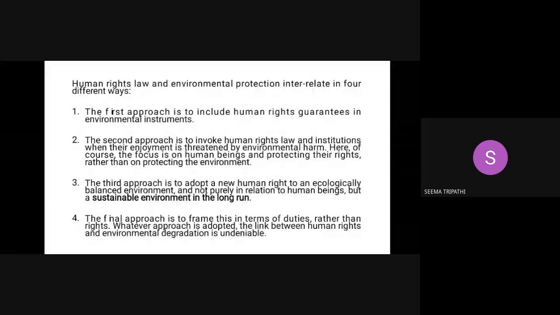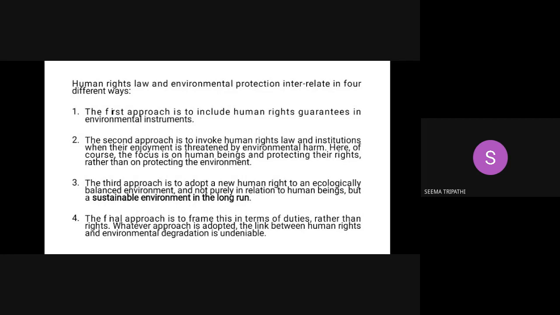Now, when we talk about human rights and environmental laws or environmental protection, there are four things, and I will be discussing point number 3. The first is that most of the time we talk about human rights, environmental justice, or environmental sustainability.